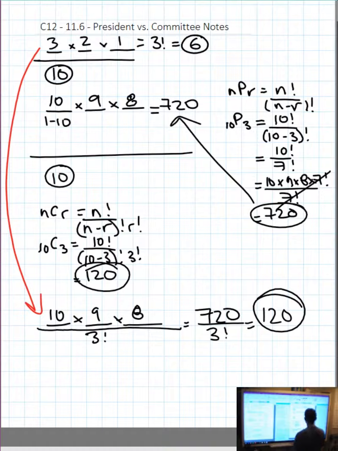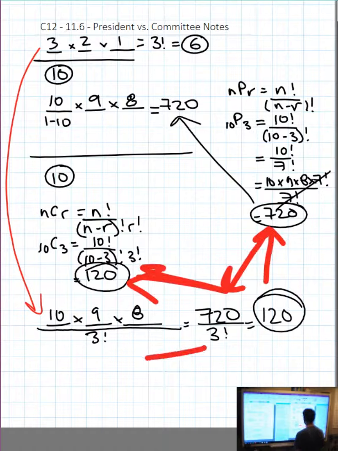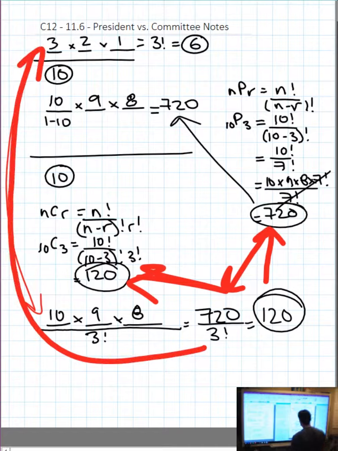So we want to see how this number is connected to this number, which is connected to the number from above.